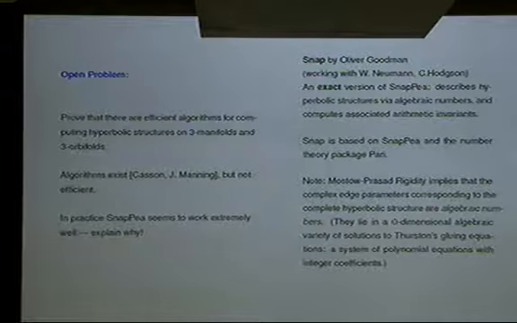And why is this? Well, the basic idea is they lie in an algebraic variety. So we look at the solutions to Thurston's gluing equations. That's a system of polynomial equations, essentially, with integer coefficients. Mostow rigidity says you get a zero-dimensional solution space.